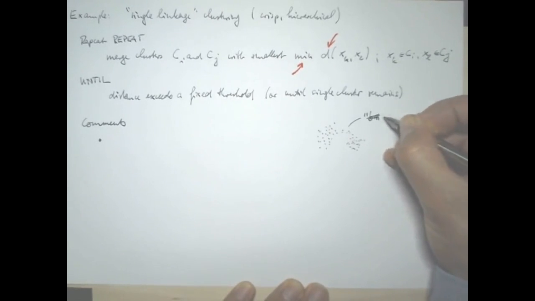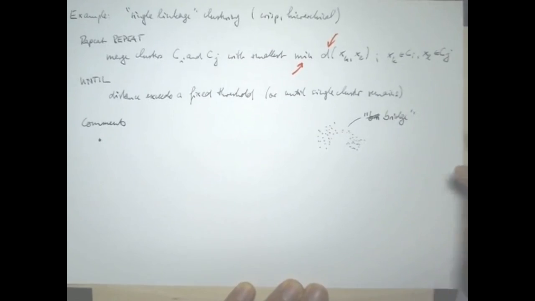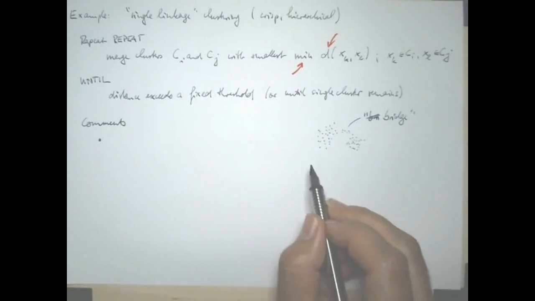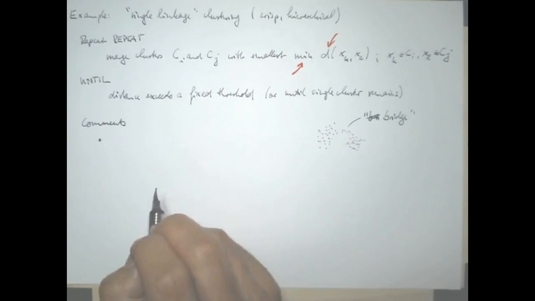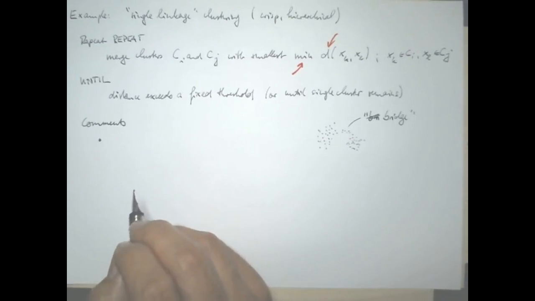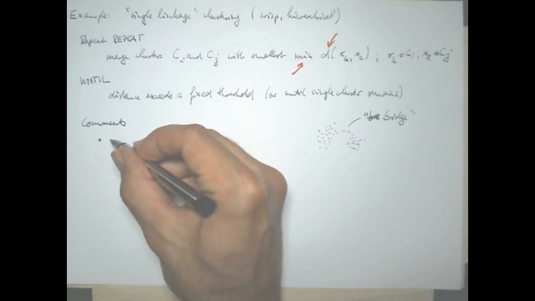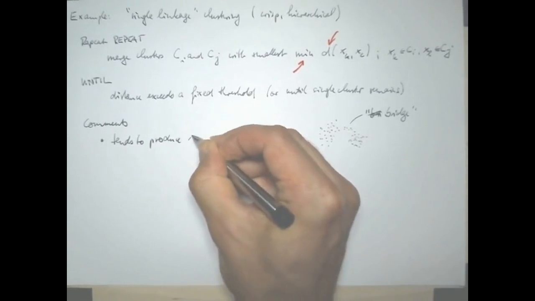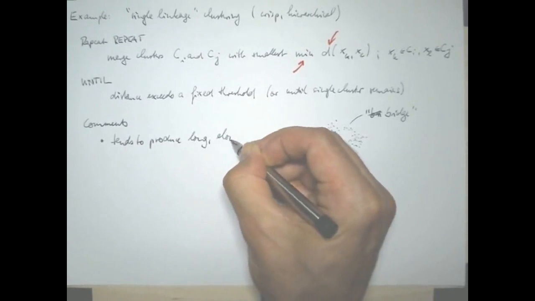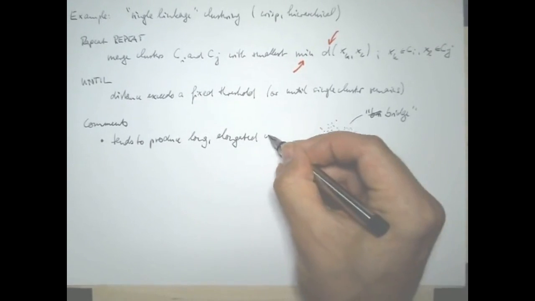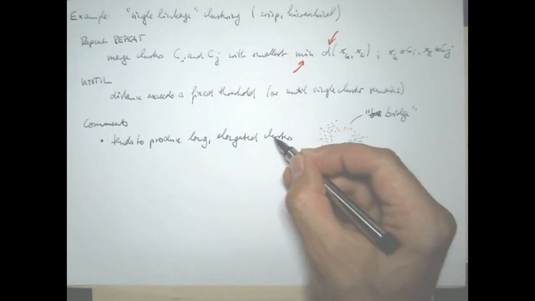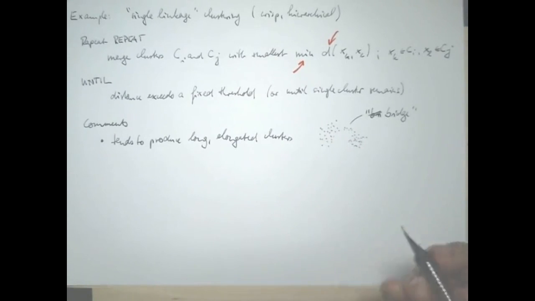So we have a bridge here between these two cluster centers, and if the sampling along the bridge is sufficiently high, then it will not break at that point. And indeed, this algorithm tends to produce long, elongated clusters, which is sometimes the behavior you want in your data set and sometimes not.